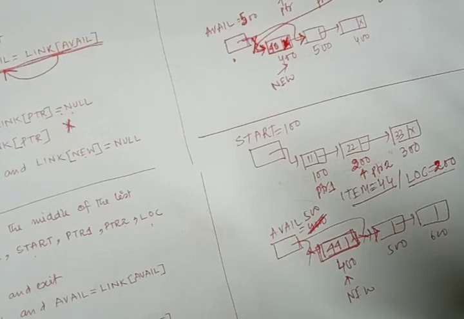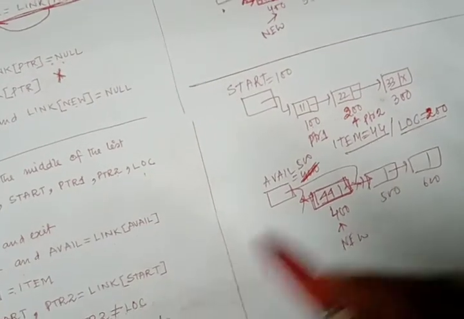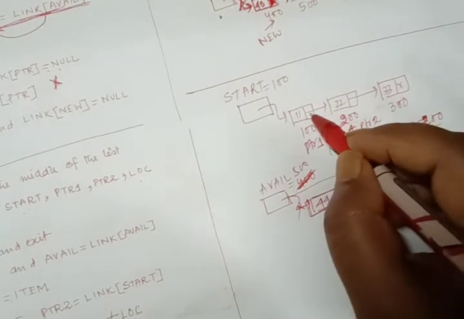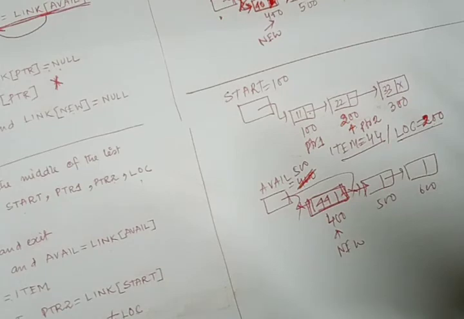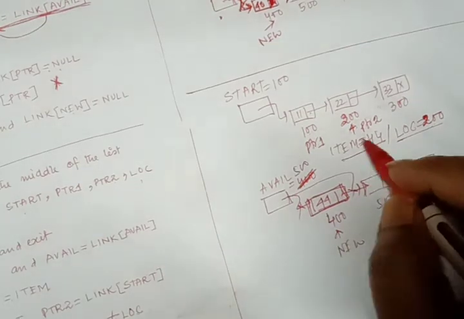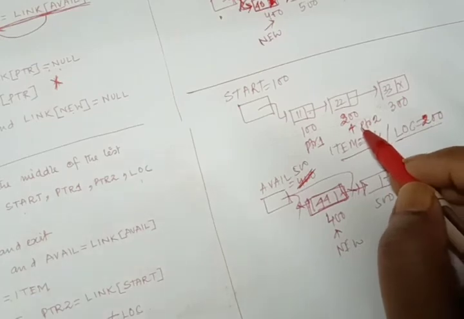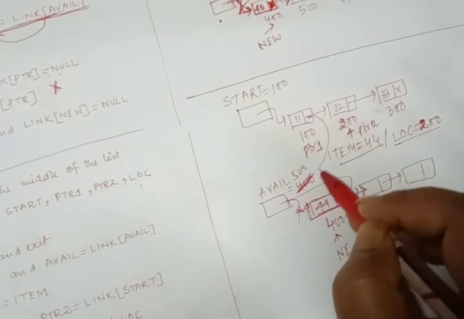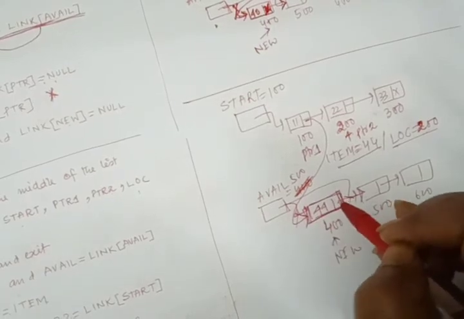Now here in this case the value of location is 200 and ptr2 also matches with 200, so these steps will not execute, and then link of ptr1 equal to ptr2.